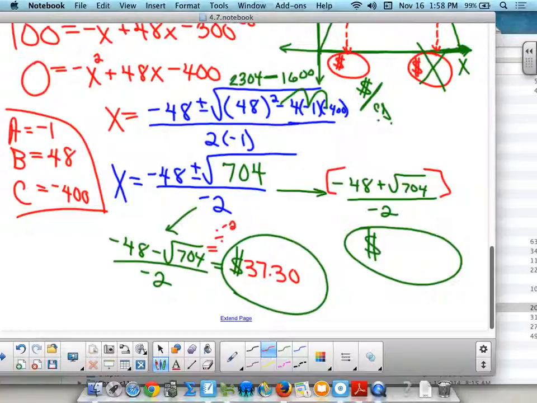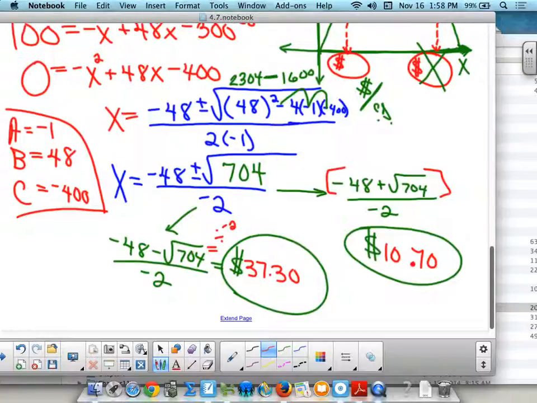Now, Selena, she just says that minus that equals whatever, divided by negative 2. What's that answer? Cedric, what is it? I got 10.7. $10.70. Okay, that's it.